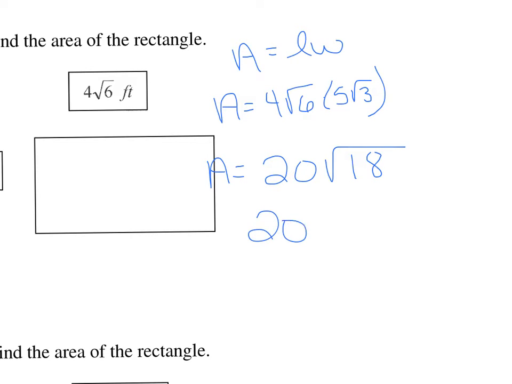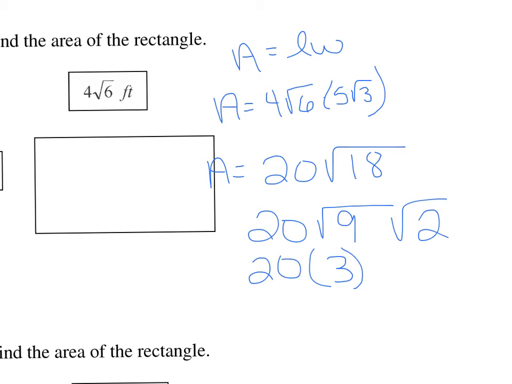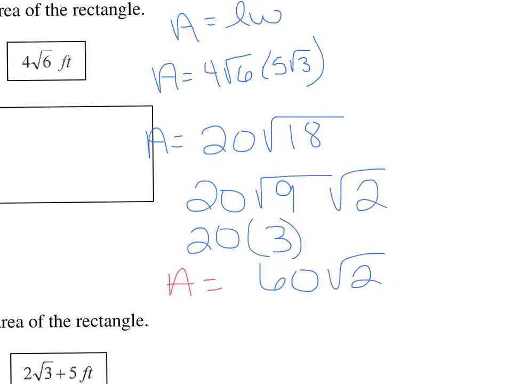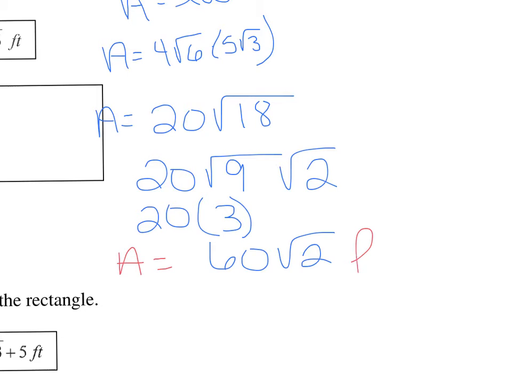So we have a 20. The 18 is 9 times 2. The square root of 9 is 3. That's going to get multiplied times the 20. So we have 60 square root of 2. So the area equals 60 square root of 2, and the units are feet. So we'll put the units on there. Square feet, since it's area.